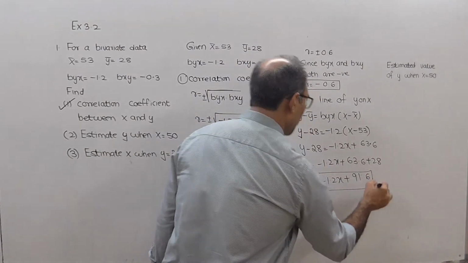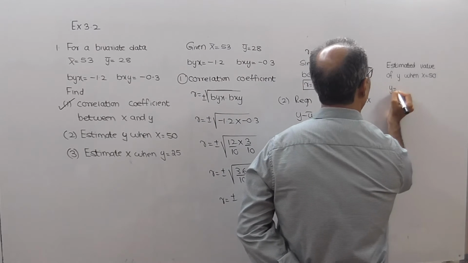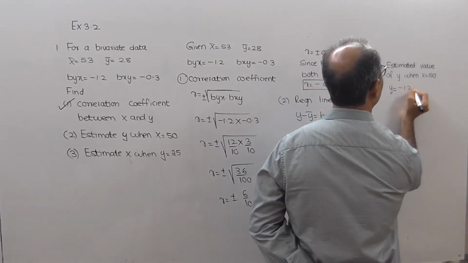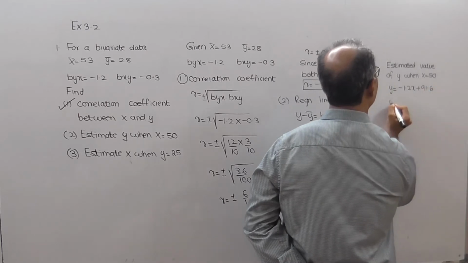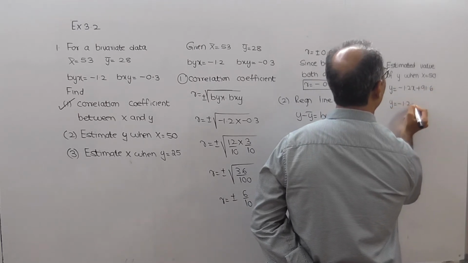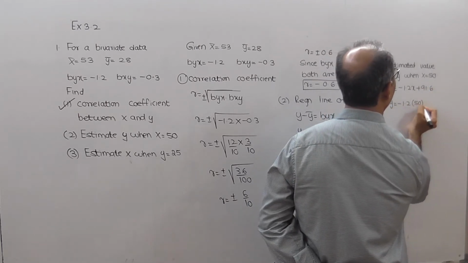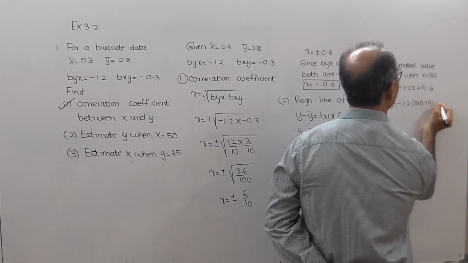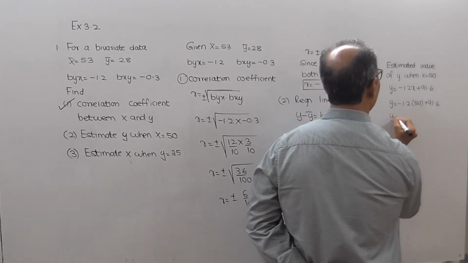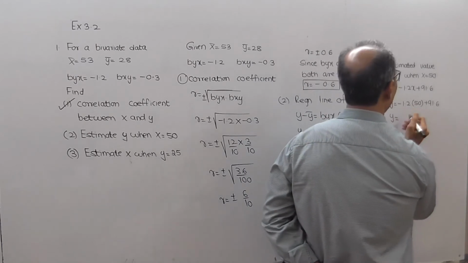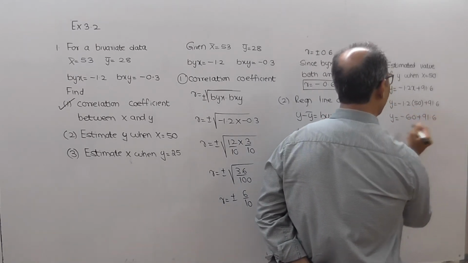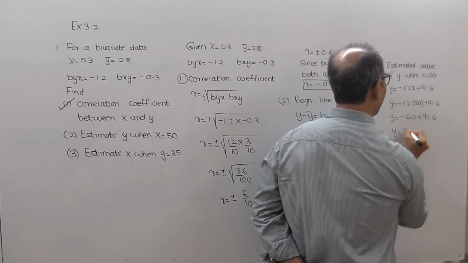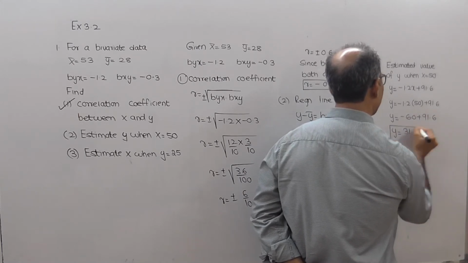So I substitute, I get y equal to minus 1.2x plus 91.6, y equal to minus 1.2 into 50 plus 91.6, y equal to minus 60 plus 91.6, so y will be equal to 31.6.